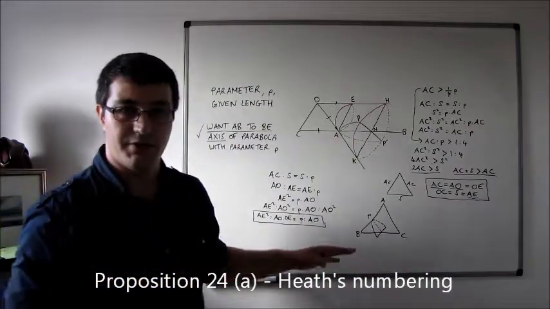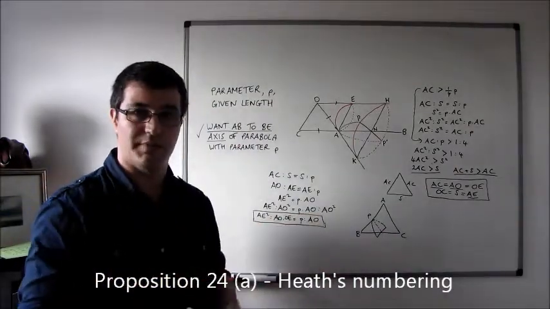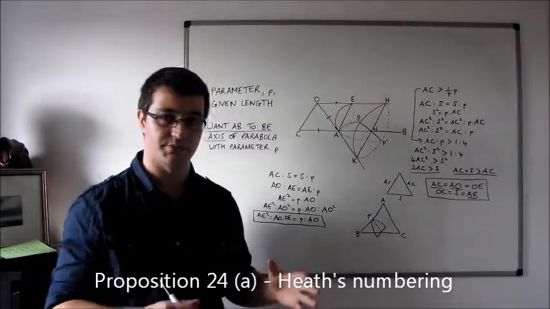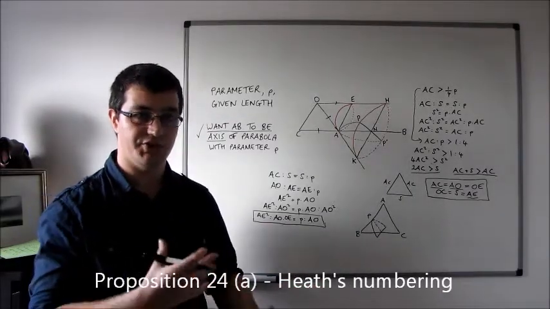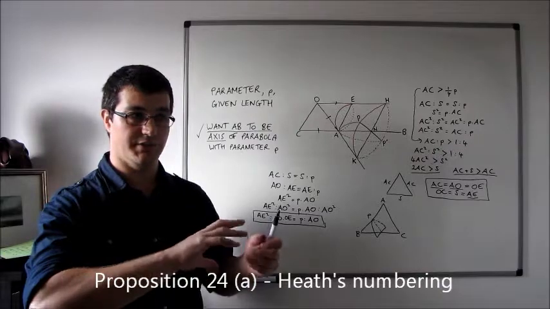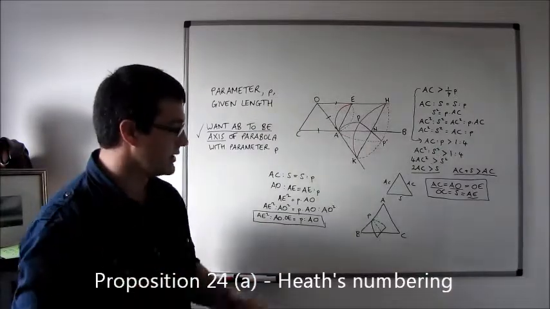Now if you remember, the parameter of a parabola in the first instance was defined in terms of the ratio that it makes with the lengths of the sides of the axial triangle.